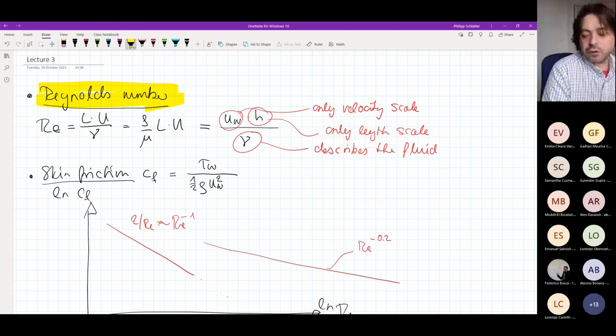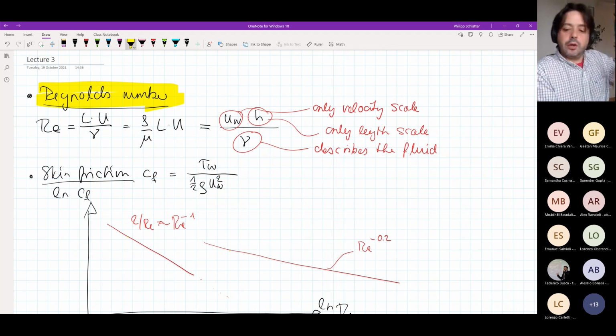And this gives you a non-dimensional number, which in the end is an estimate of the ratio of the inertial forces to the viscous forces. So high Reynolds number means that you have a lot of inertia. Low Reynolds number means you have a lot of viscosity in the problem.